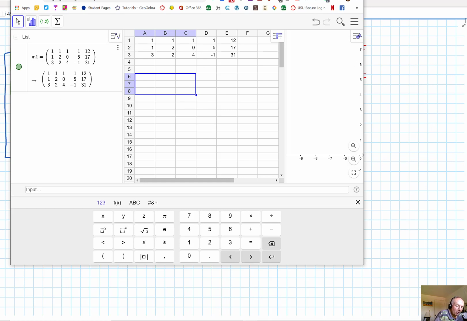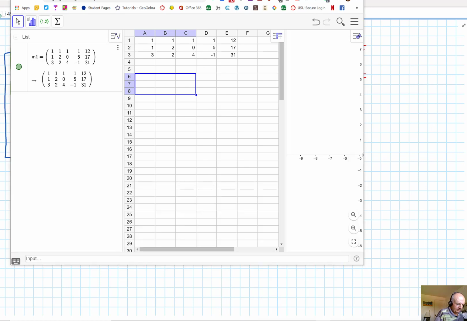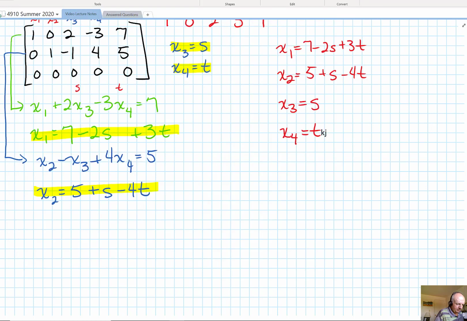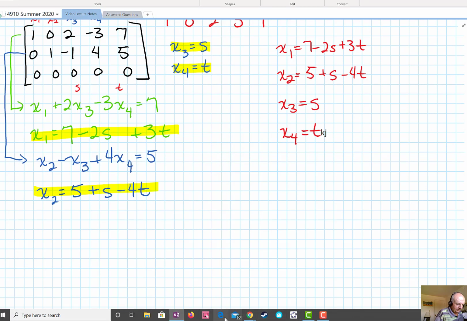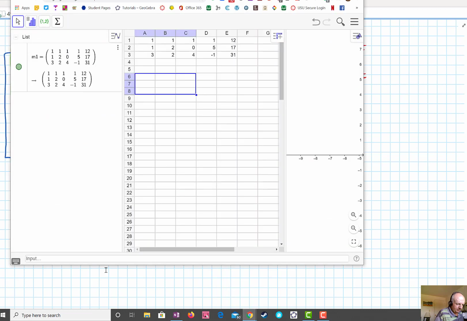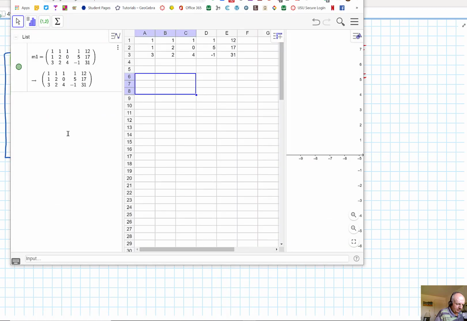Okay, now so how do we reduce this? Put this in row reduced echelon form. So to do this, we just start typing in the command. In the input, reduced row.